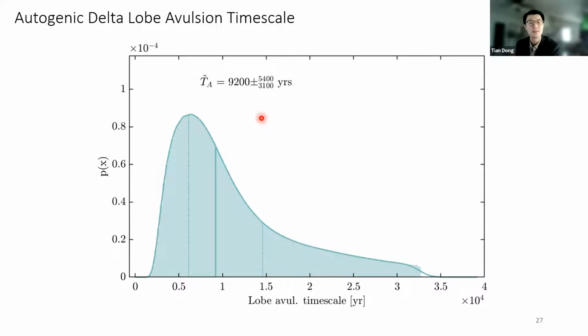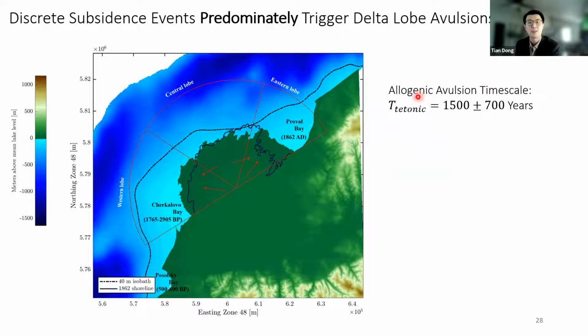And we can compare this back to our tectonic avulsion timescale. Again, this is the map I have shown earlier, the elevation map of the delta, as well as the bathymetry. We know that earthquakes occur roughly every 1,500 years, which triggers avulsion on the delta. But the internal dynamic from rivers, water and sediment transport driven avulsion occurs every 9,200 years.